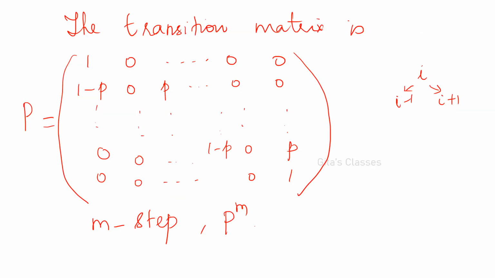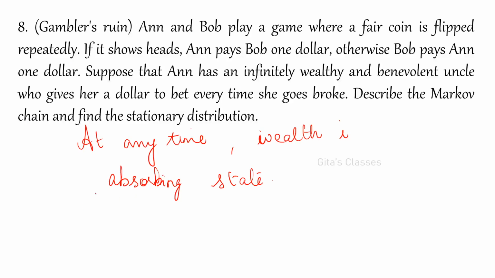And the transition matrix, in this case, the first row and last row will be 1 0 0. The first and the end will be 1. And how many other states are there?